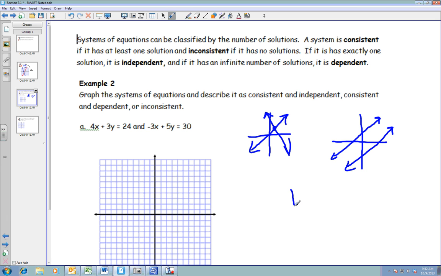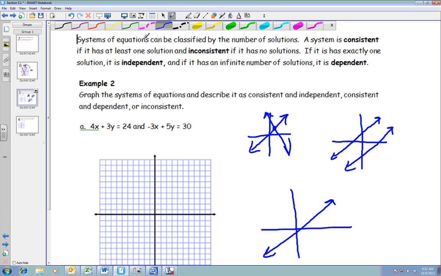Infinite solutions means it doesn't just cross at one point, it intersects at an infinite amount of points. So two lines that cross at an infinite amount of points would be the exact same line, one lying on top of the other. So that's what consistent and inconsistent, dependent and independent would look like.